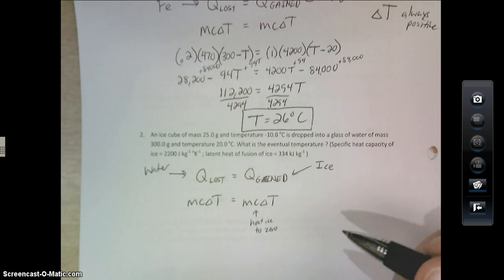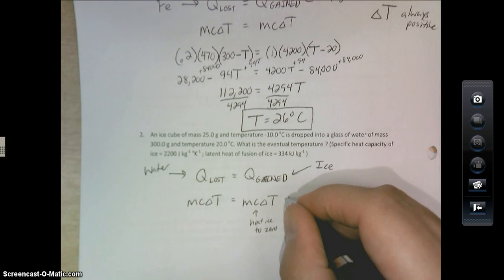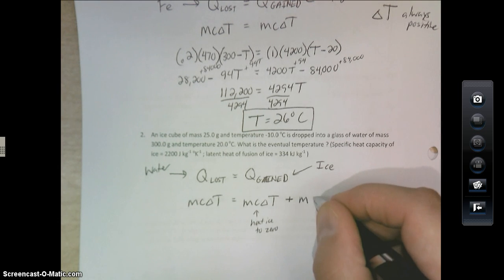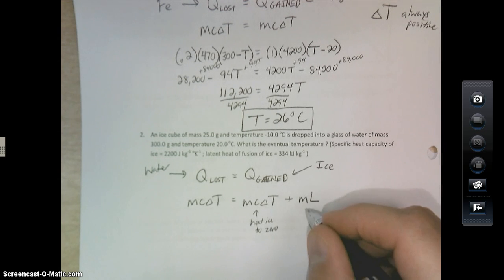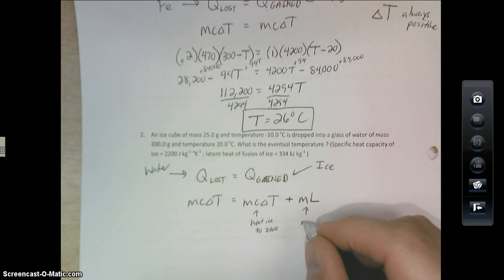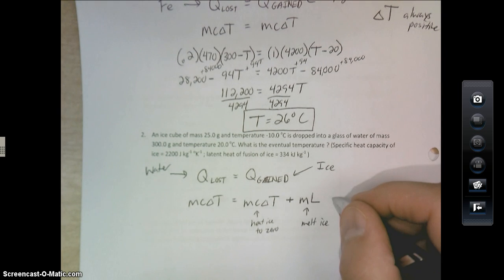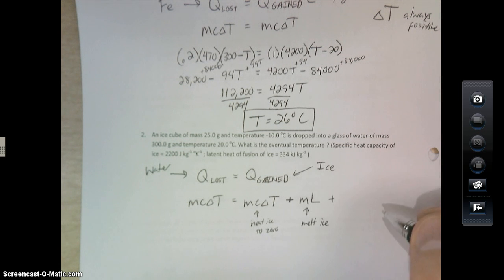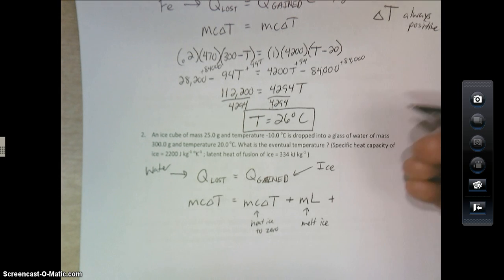Now, once we have the ice up to 0 degrees, we have to have it undergo a phase change, which means we're going to have to take that mass of ice and change its phase. Therefore, we need the latent heat. So this is to melt the ice. And then once we've melted the ice, we're going to have to heat up that water with the heat that is lost by the other water.